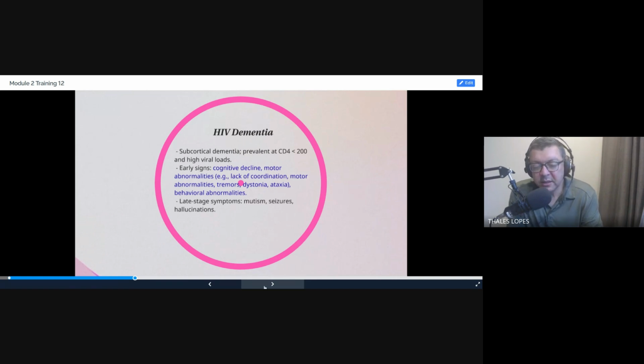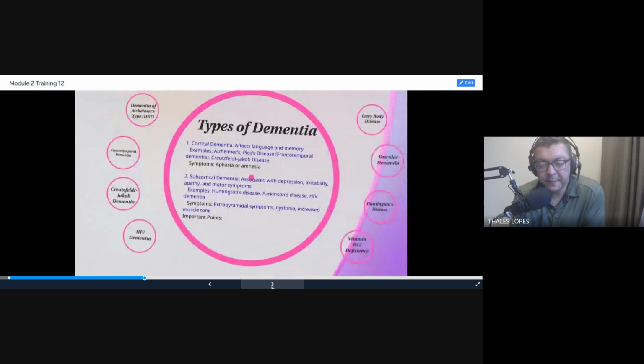What's important here is to know this is subcortical. Know that if it's an HIV case, get your CD4. Do not give any other medication other than antiviral. That's what they need. And kind of know the symptoms of the HIV dementia. Okay.